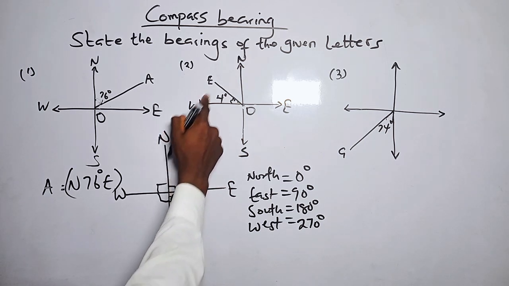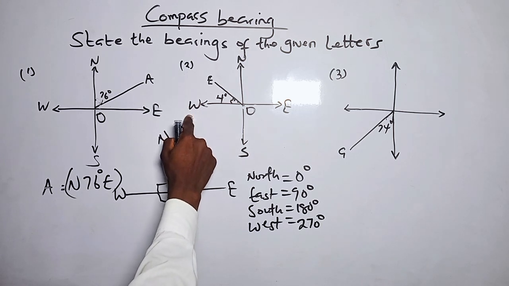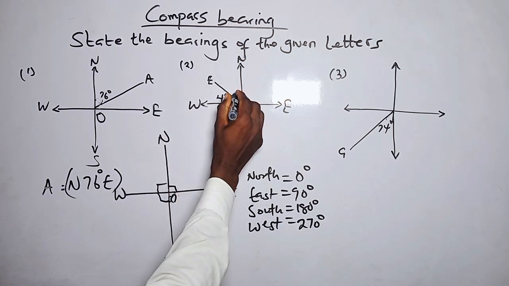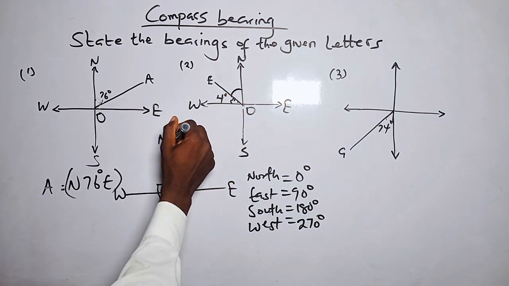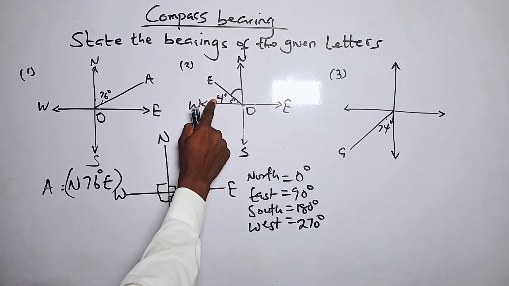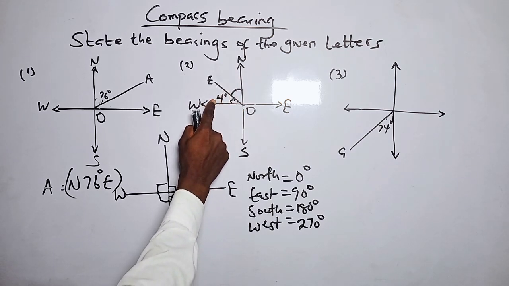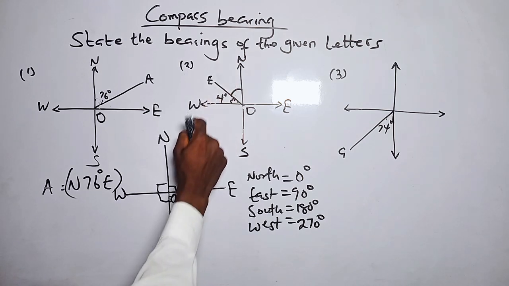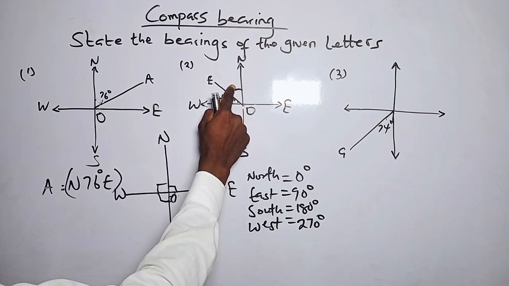There's nothing like west north, so we have it as northwest. So we have to figure out the size of this missing angle. Because this 4 degrees is closer to the north but starts from the west, we take it as northwest, so we have to subtract to get the missing angle.